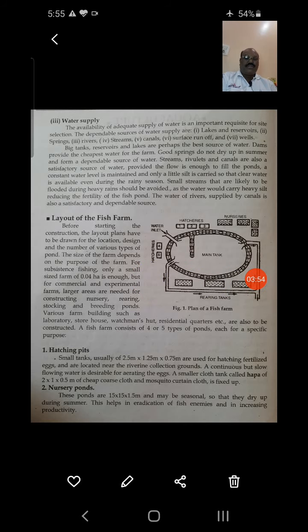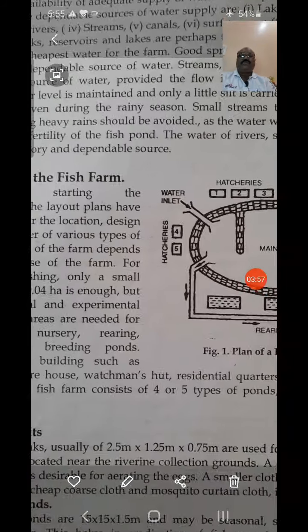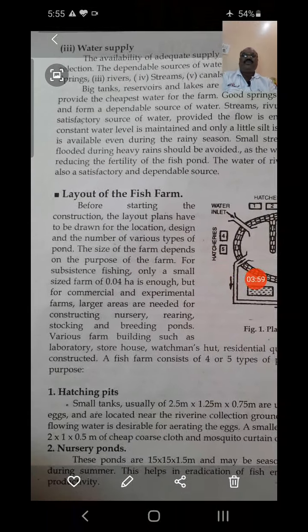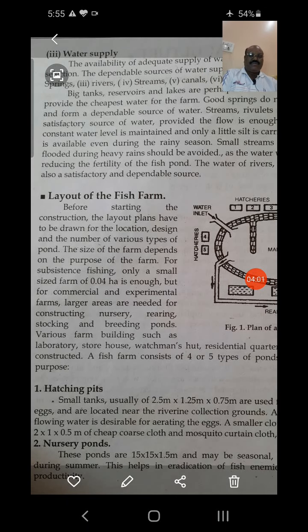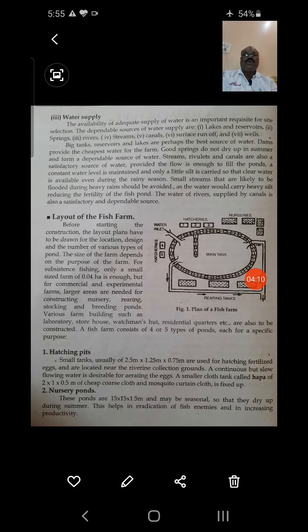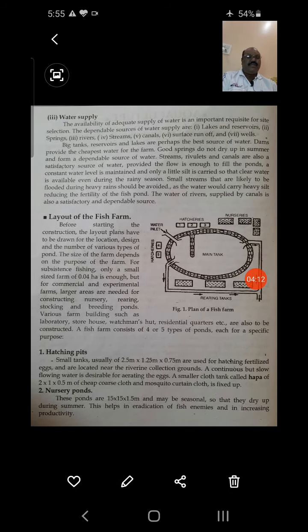Now, the third point, that is the water supply. The water supply is the most important part in fish farming. So the supply of water must be the whole year, and because of that supply of water, we can maintain all the ponds and then fish, and then fish farming becomes successful. So the availability of an adequate supply of water is an important requisite for site selection.